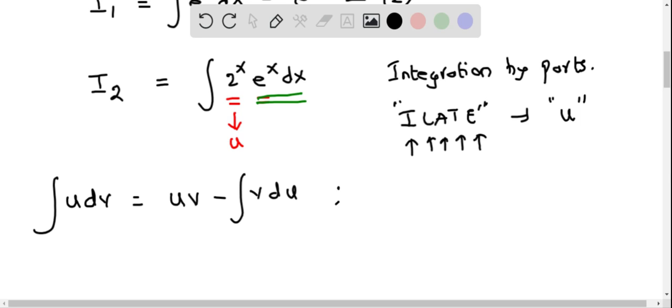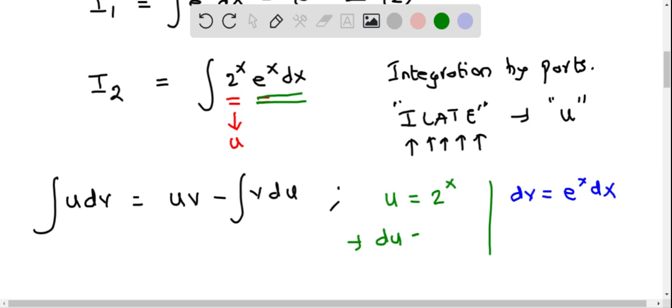So this is the formula that we are going to use. We have already selected the u. So let me write down the u. This is equal to 2 raised to the power of x. I just put a vertical line to separate. And then we have considered the dv equals e power x dx. So now in this part, that is here, we have to differentiate.